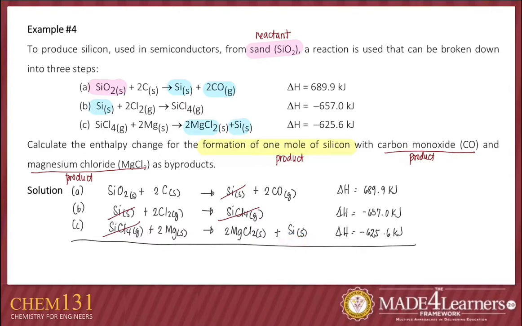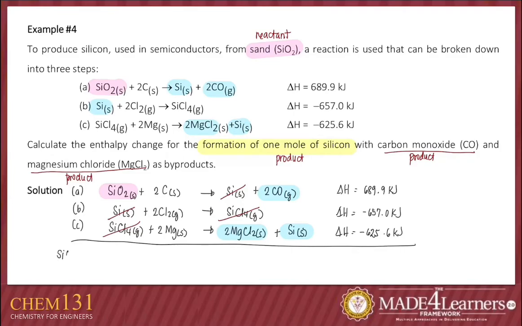Look, our reactant is SiO2 there. And on the product side there should be one Si. One more, there is carbon monoxide and MgCl2. Okay? So, let's see what remains in the equation. Let's write. What remains on the left side?